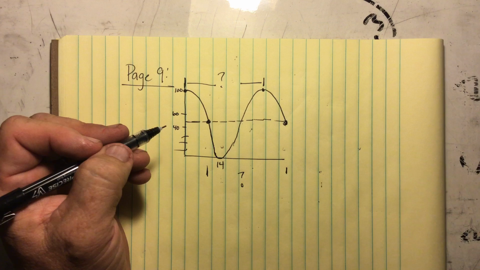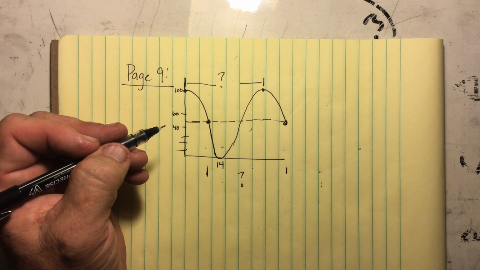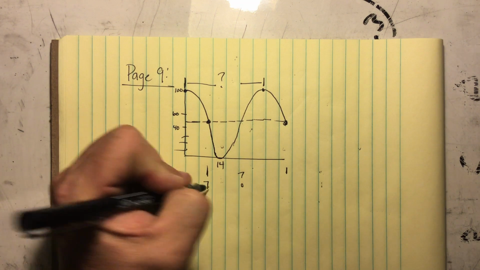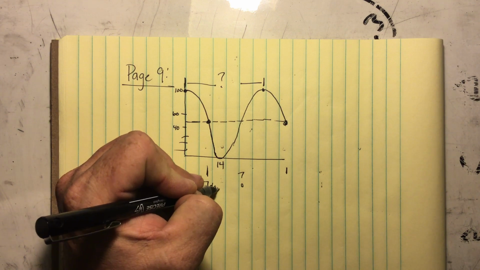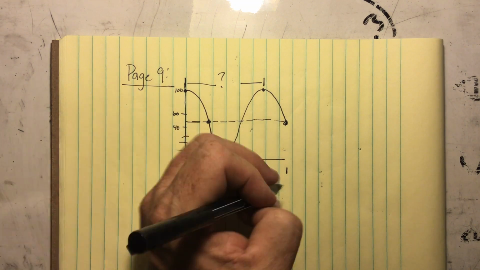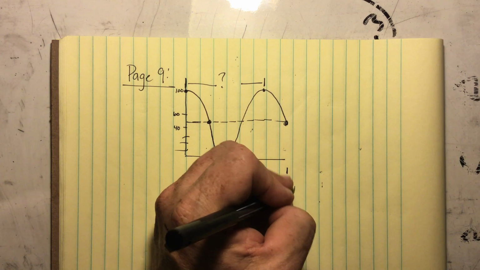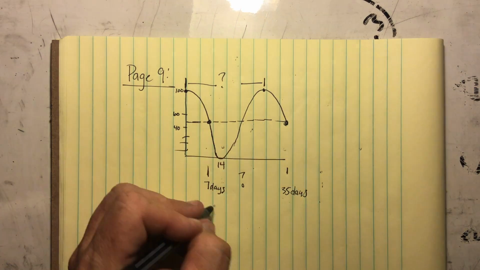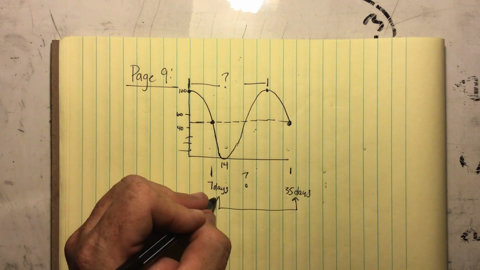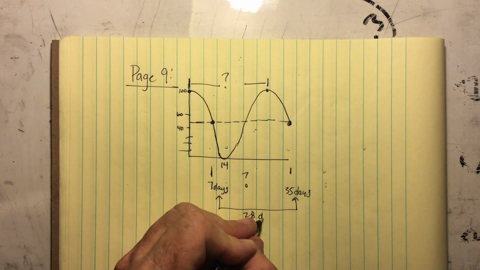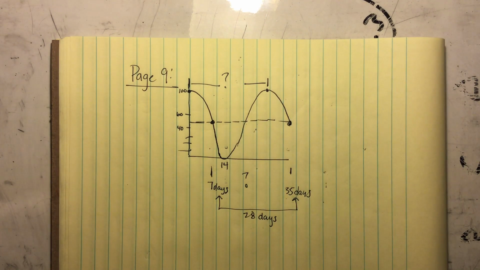You'll probably get about the same answer. So this point here is about 7 days on the graph, and this one here is about 35 days. So that gives us about 28 days for a period.